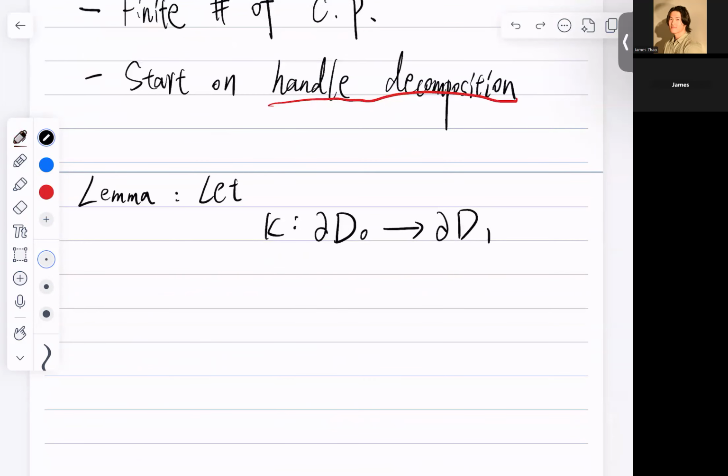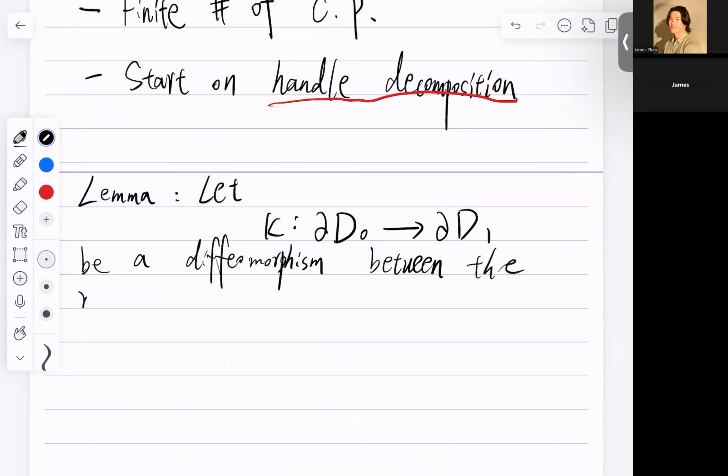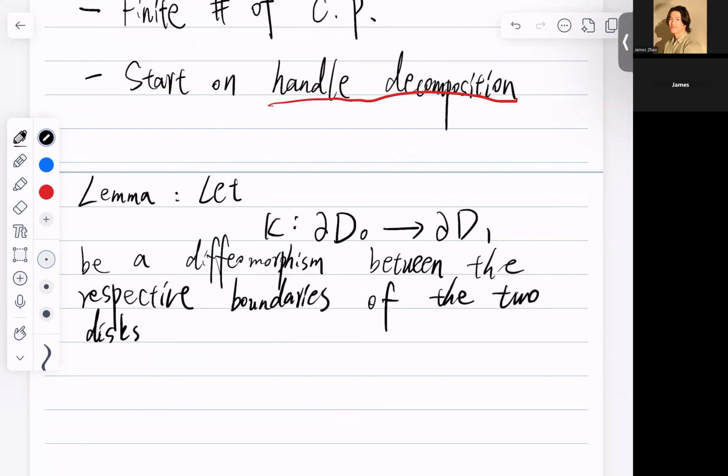And let this map be a diffeomorphism between the respective boundaries of the two disks D0 and D1.